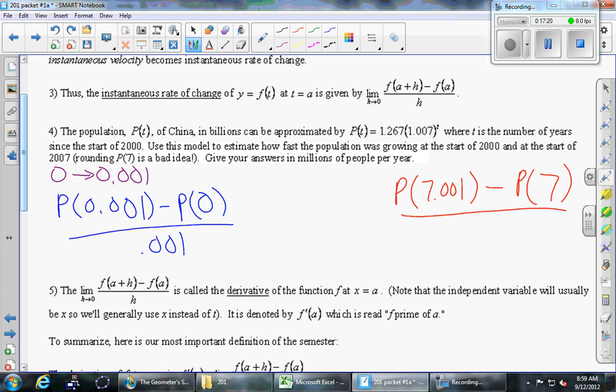Okay, so we'll just go a tiny bit away from midnight of the start of 2007. And what goes on the bottom? It's 0.001. It's the difference between those two numbers. And so you can see the numbers in the parentheses, really they could be anything, but the number on the bottom, the H, is always very close to 0.